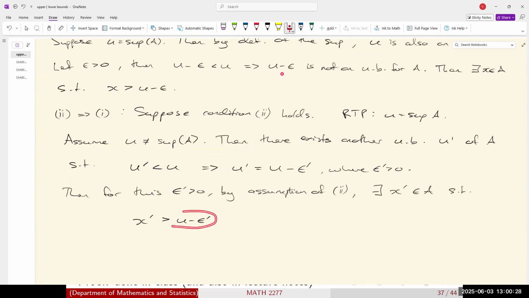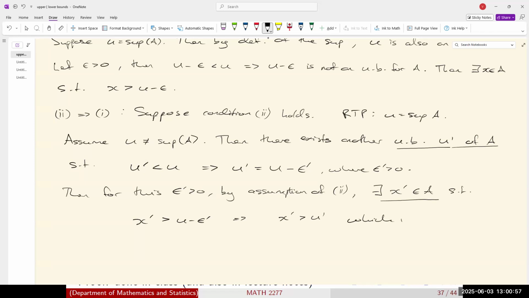But what is u minus epsilon prime? That is equal to u prime. Okay, so this means x prime is bigger than u prime. But u prime was what? u prime was an upper bound of A, and x prime belongs to A. So how am I getting an element of A bigger than an upper bound?